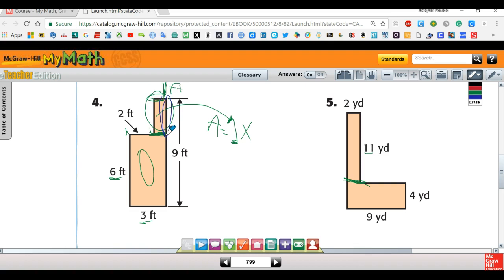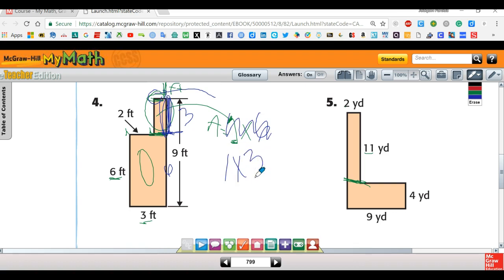If the whole thing is 9, and this section right here is 6, how much is the section here? 3, because it's 9 minus 6, right? Which is 3. So this section here is 1, and then this little section right here is 3. So 1 times 3.